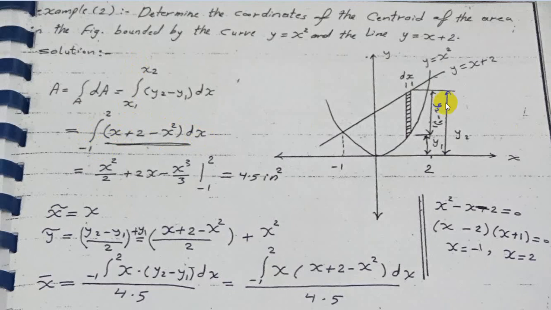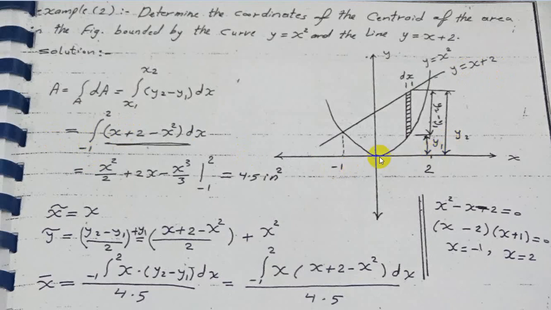The independent variable is for both functions given by the question: the function y equals x squared, as well as the function y equals x plus 2.